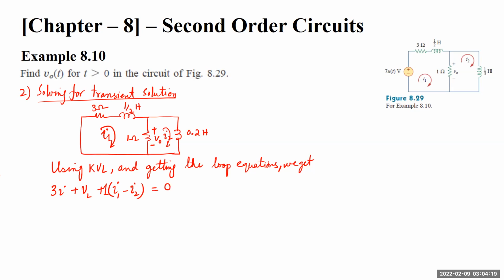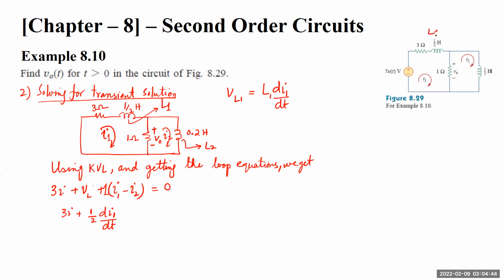So I can write this as 3I plus 1 by 2 di1 by dt. So VL1 equals L1 di1 by dt. This is my L1 inductor, and this is my L2 inductor.